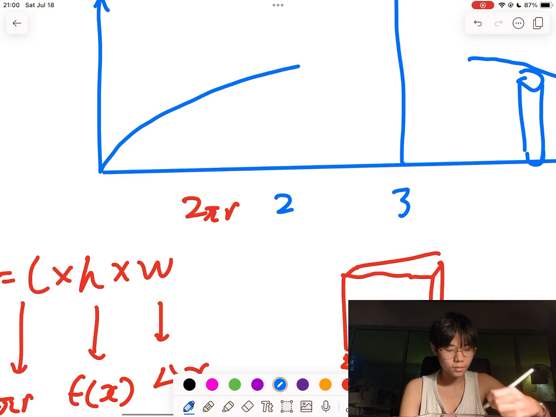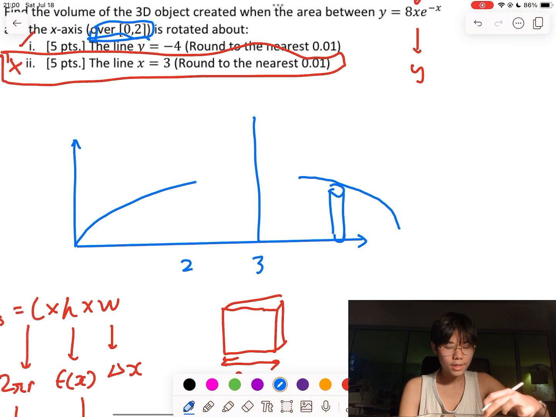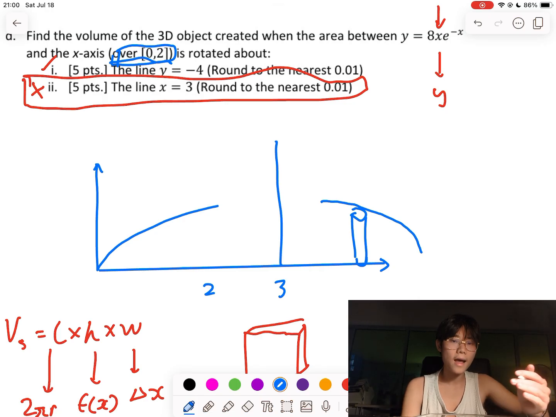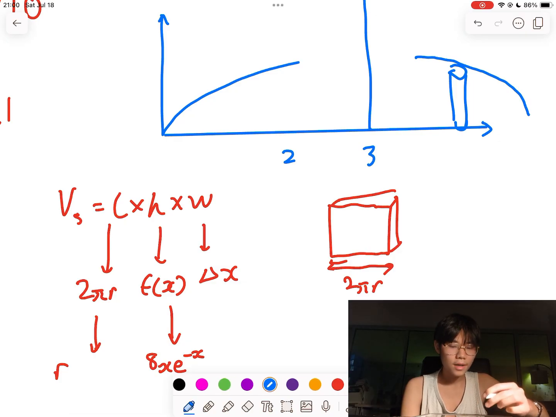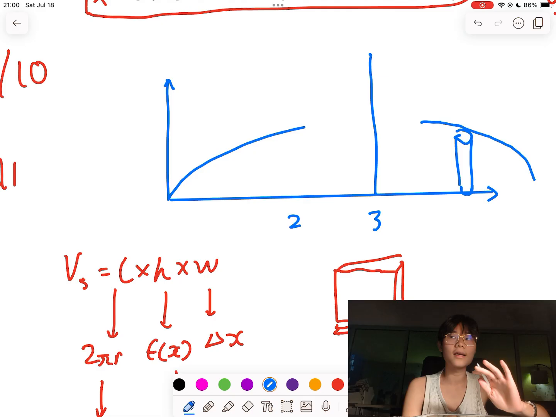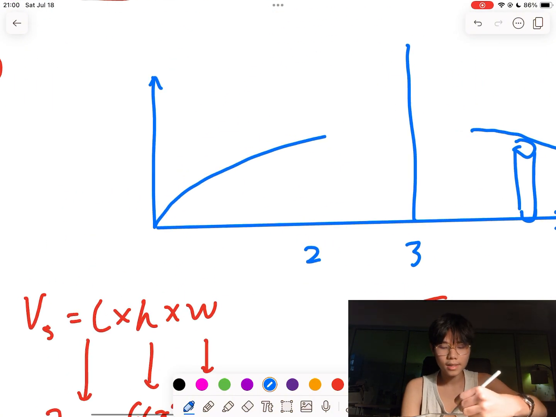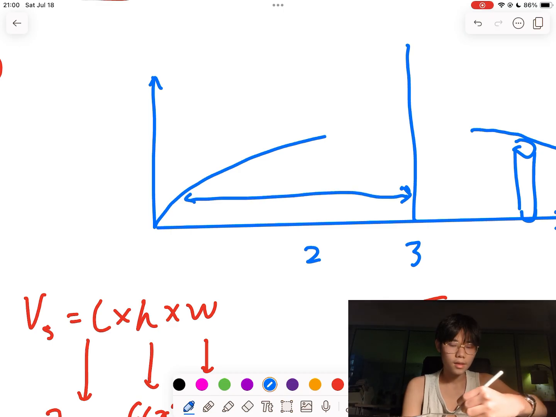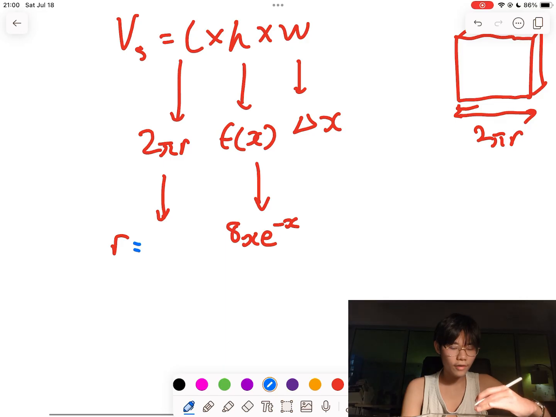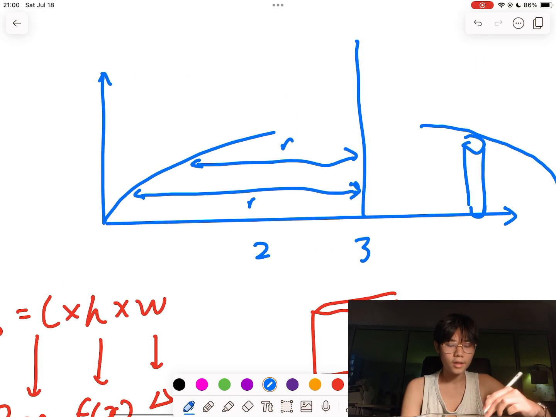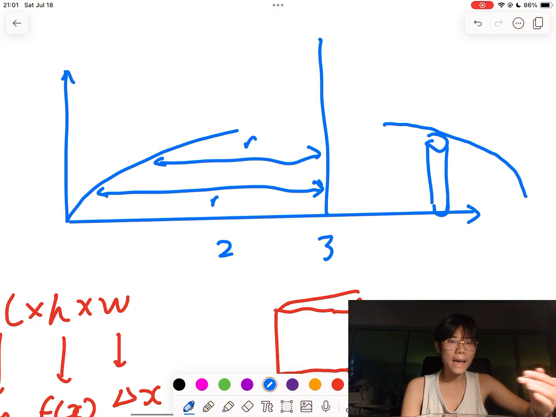First, we need to determine how we're going to find the radius. The radius is determined as the distance from the center. This is our radius. If we want to find the distance from the center, it's got to be 3 minus something.